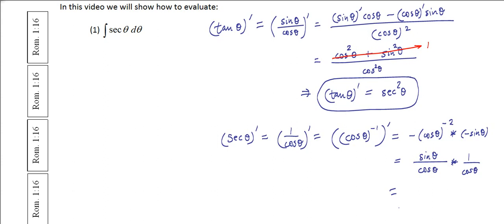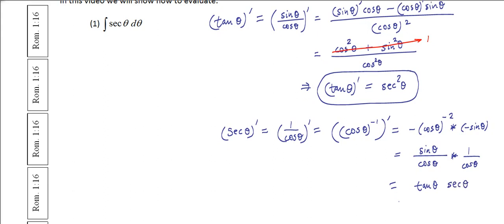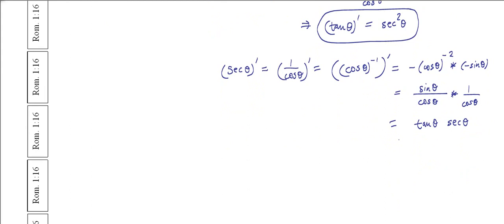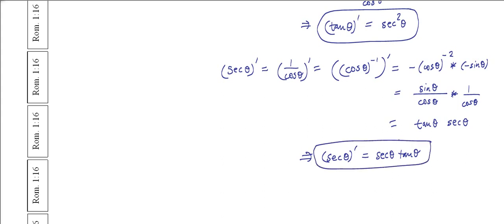You'll recognize that the first of these is just tangent of theta, and the second is once again secant of theta. So the derivative of secant of theta involves secant once again times the tangent. Once more, it would be good to memorize both of these.